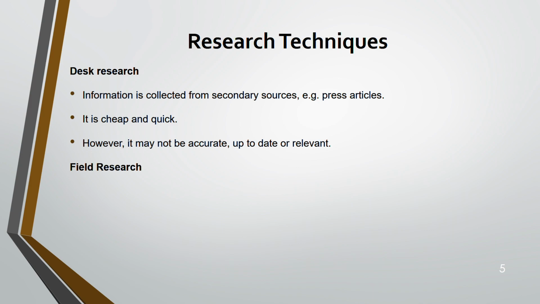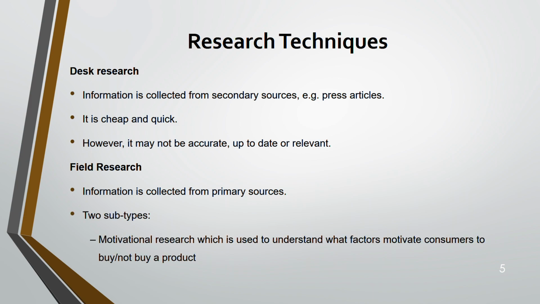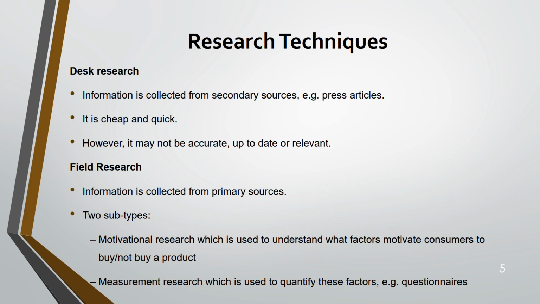Now the next research is field research. This is collecting information from a primary source. You are the one who is going out and researching it. This is divided into two types. First, motivational research, and second, measurement research. Motivational research means you need to understand what factors motivate consumers to buy your product or not.